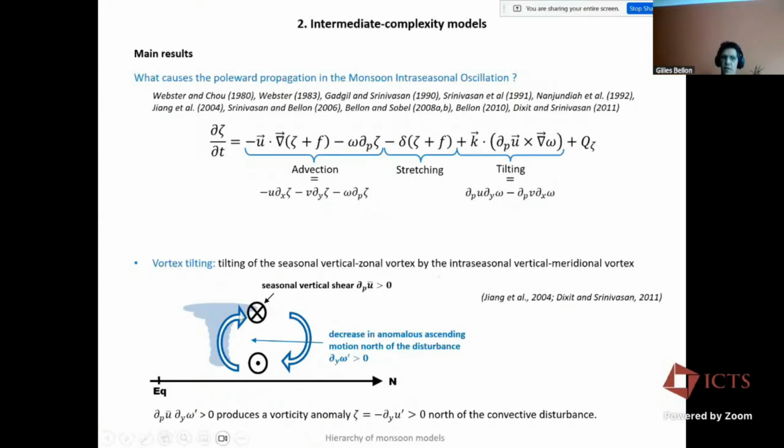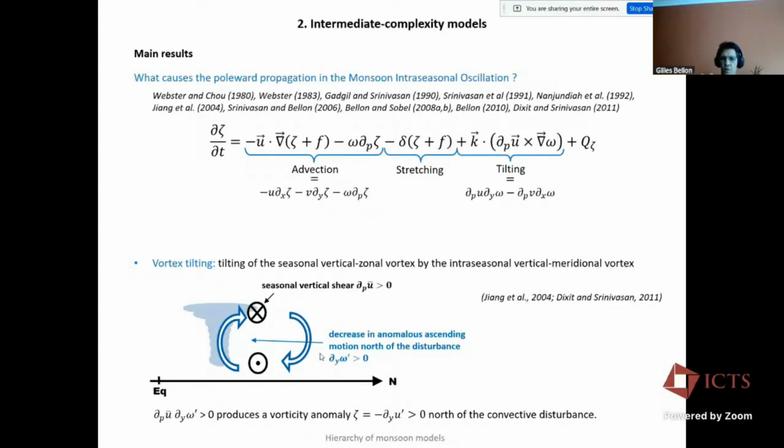And if you have an anomalous circulation with ascending motion to the south and descending motion to the north, you have another overturning circulation here. And this anomalous circulation can tilt the seasonal circulation. And that is going to create vorticity in the horizontal direction, right?